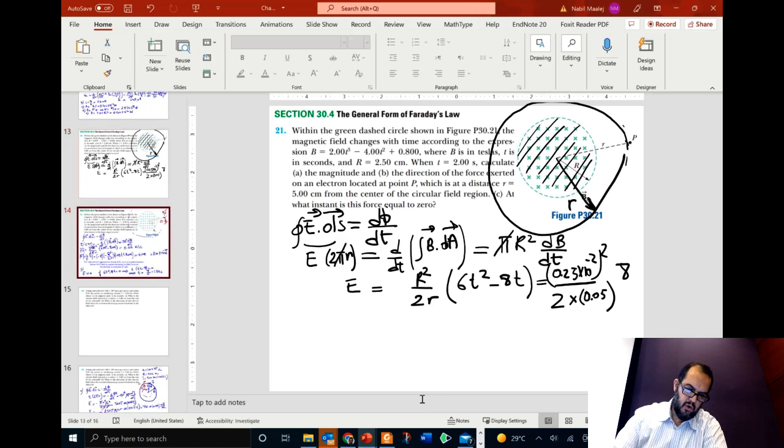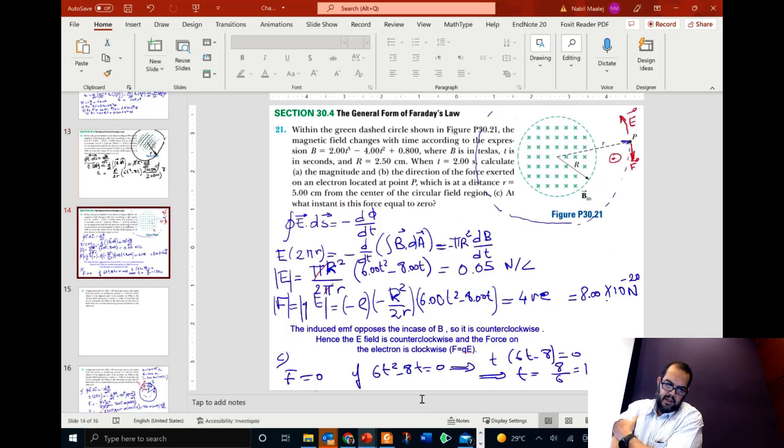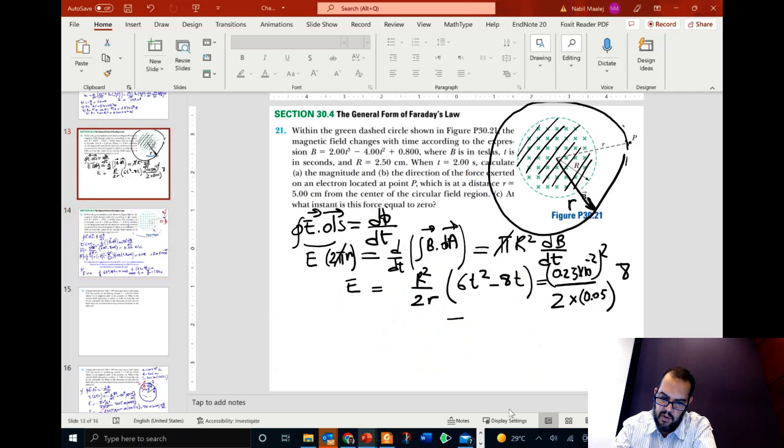I made a mistake here, we don't need the negative sign. So we find that the electric field is 0.05 newtons per coulomb.